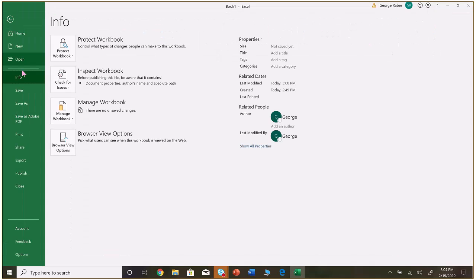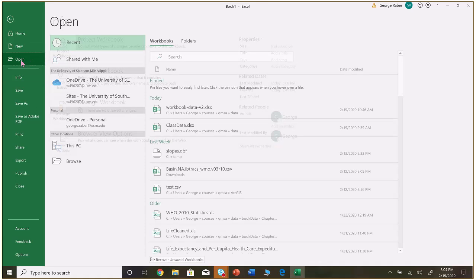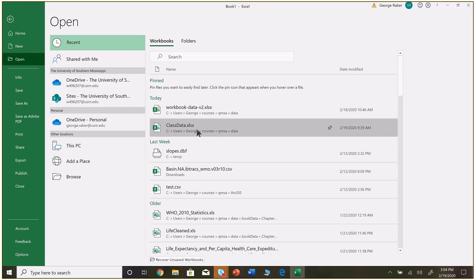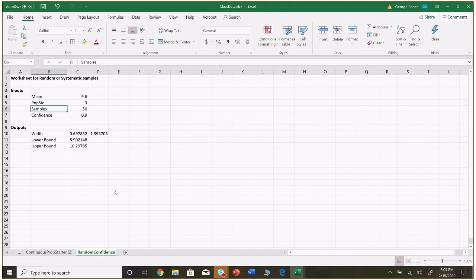That's actually what I talked about in the class data table. The addition to the class data table is this worksheet for random or systematic samples. I didn't spell systematic right. It doesn't really matter at this point. Okay.